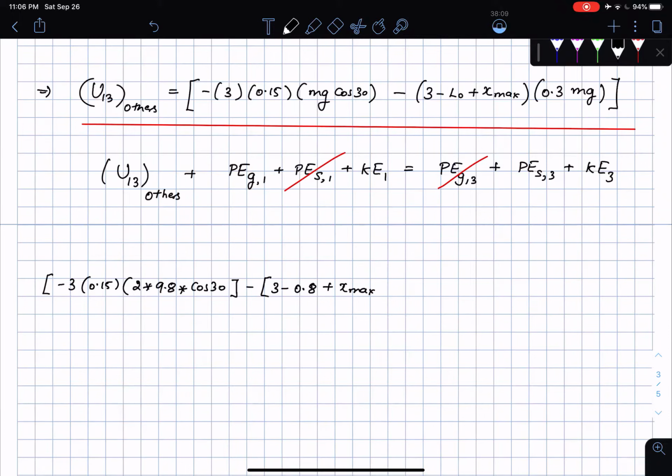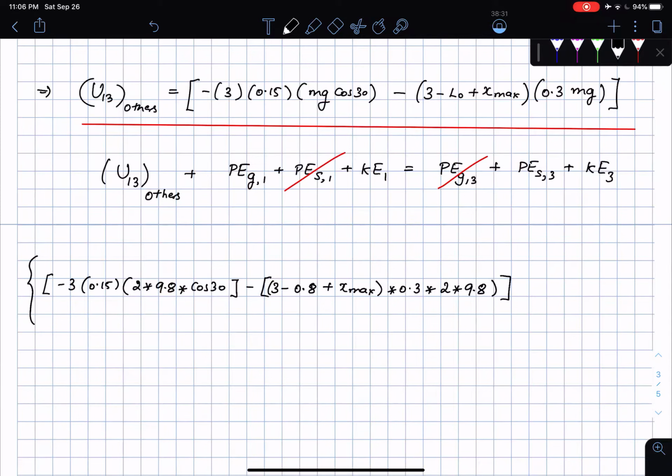And I still have a few more things to write down here, times 0.3 times the mass, which was 2, times 9.8. So this was u 1 3 others. I'm just going to put a big bracket right down here.